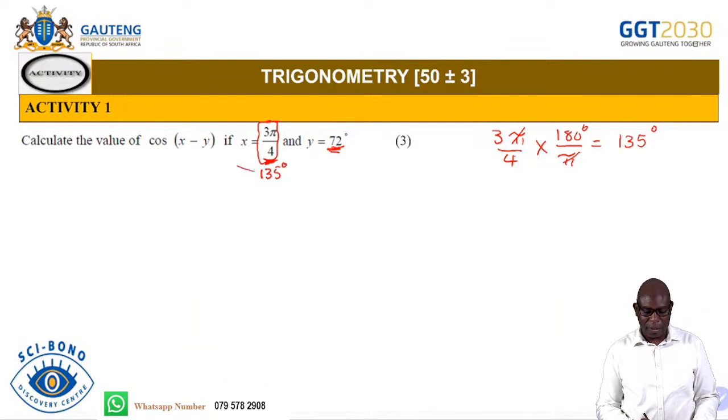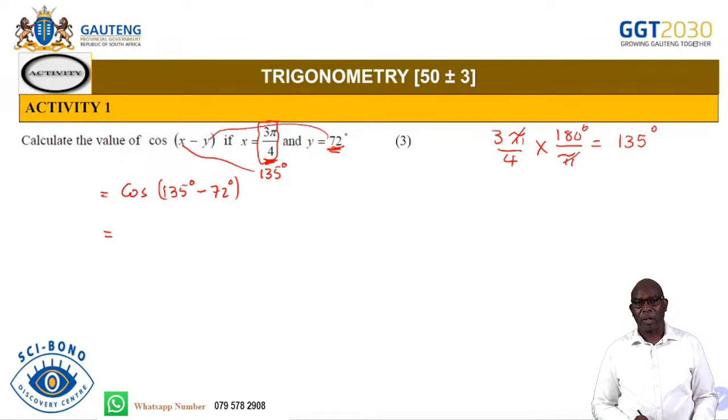So it's now easy for me to substitute these values. I'll have cos of 135 minus 72 degrees. Go to your calculator and say cos open bracket 135 degrees minus 72, and the answer I got was 0.45.